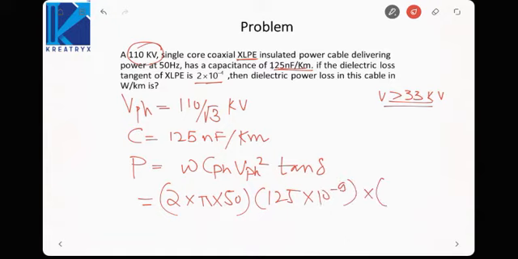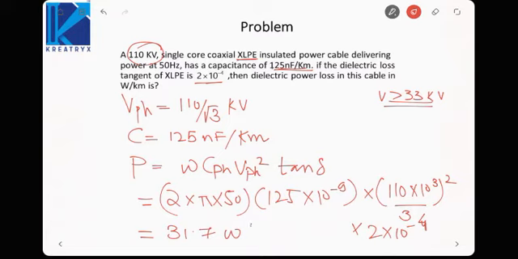V phase square is (110 into 10 raised power 3) square by 3. Tan delta is 2 into 10 raised power minus 4. So this will come out to be 31.7 watt per kilometer. So remember, here we have to use V phase. Do not assume it to be a single core cable or a single phase cable. Though it is single core, it is a three phase cable.